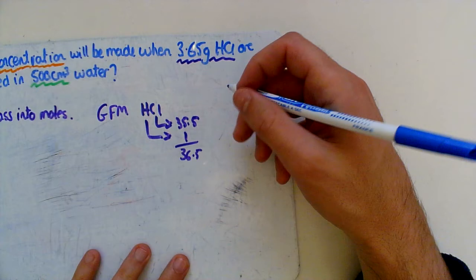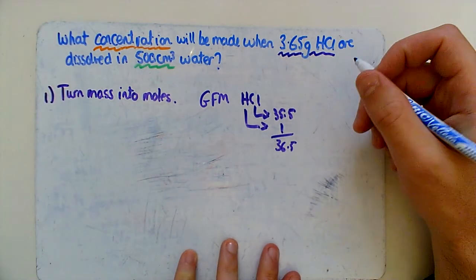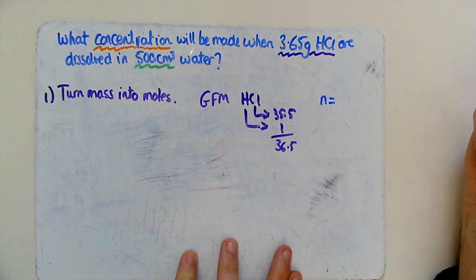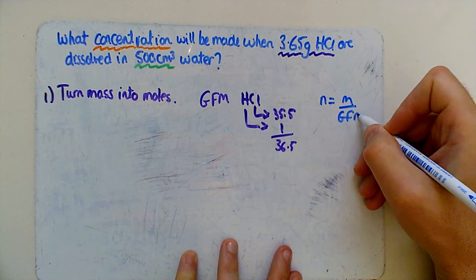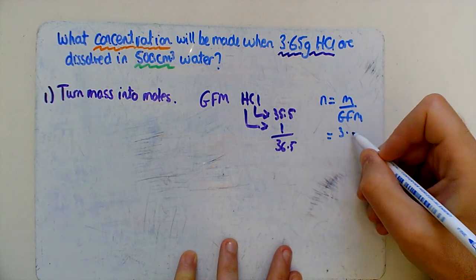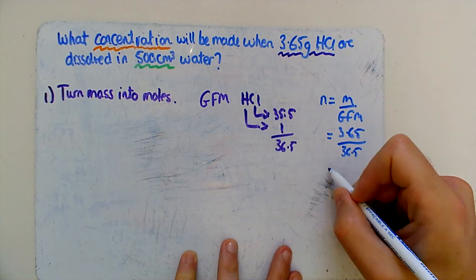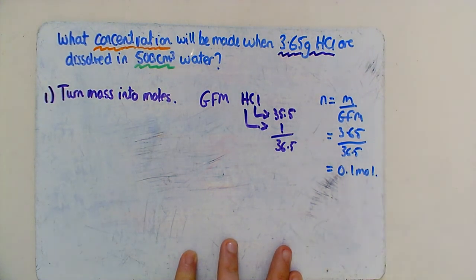Now we then use the equation, N is equal to M divided by GFM, which is 3.65 divided by 36.5, which equals 0.1 moles.